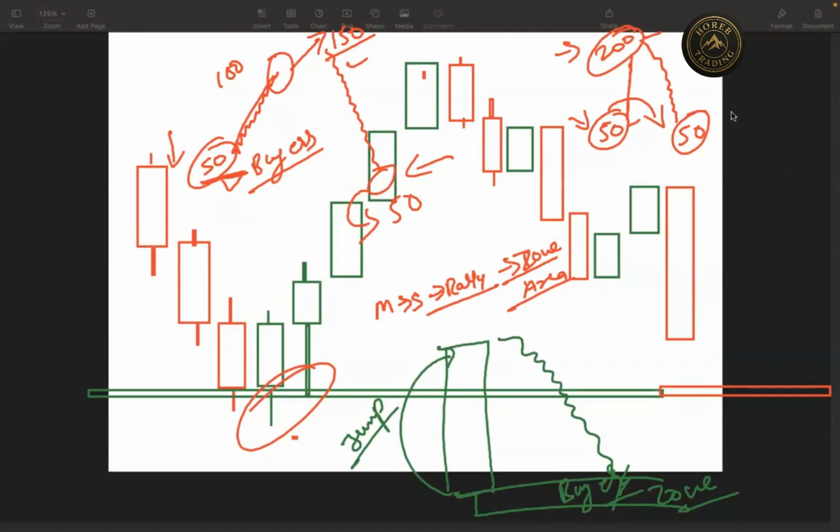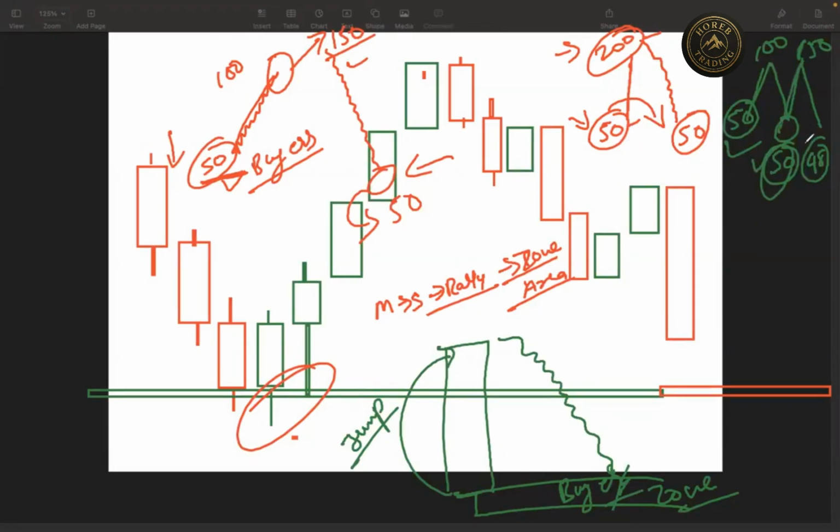For example, you buy something at 50 and the price jumps to 100, the price comes back to 50, and the price jumps to 150. If eventually the price comes back to 48, will the buyers enter or not? They will enter because the price is respecting the area.